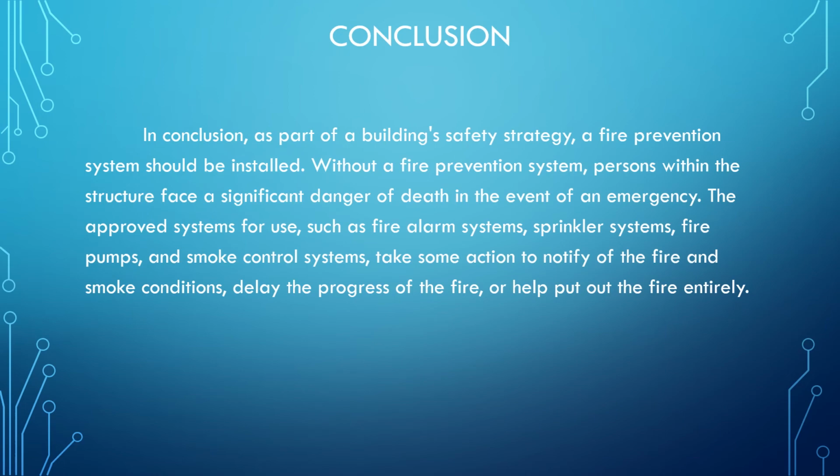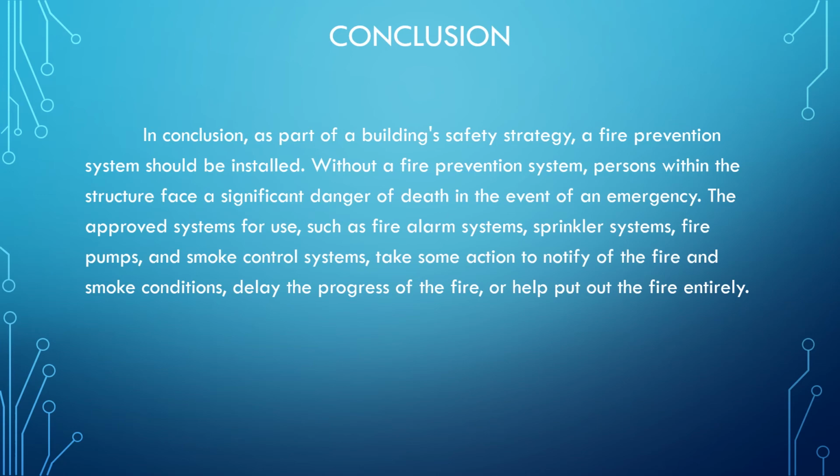So in conclusion, as part of building a safety strategy, a fire prevention system should be installed. Without a fire prevention system, a person within the structure faces a significant danger of death in the event of an emergency.